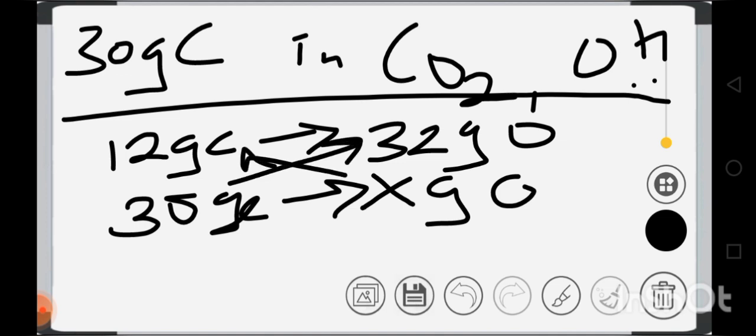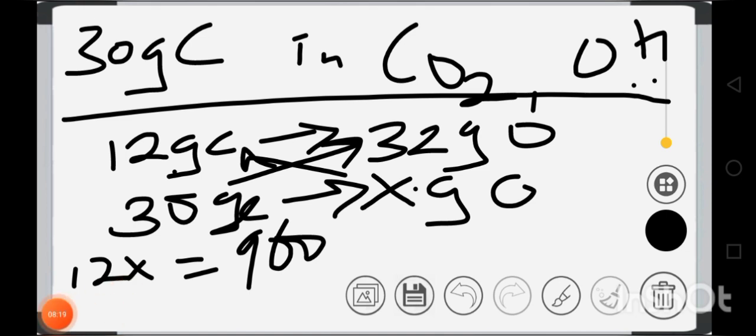I just have two more examples to go and I'm done with this class. Just multiply. We're going to have x times 12, that is 12x, equal to 30 times 32, which is 960.